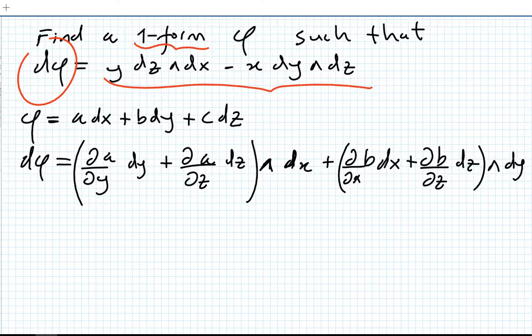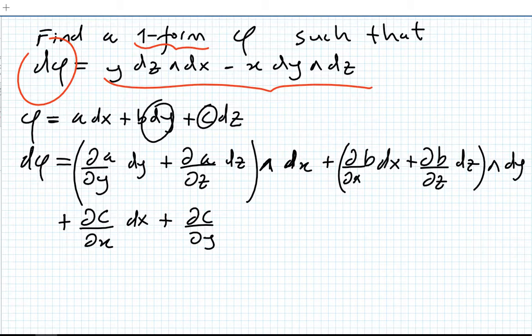Okay, that will be this one. So plus we have now this one: dC/dx dx plus dC/dy dy, wedge dz. Okay, so we have to do all this now.